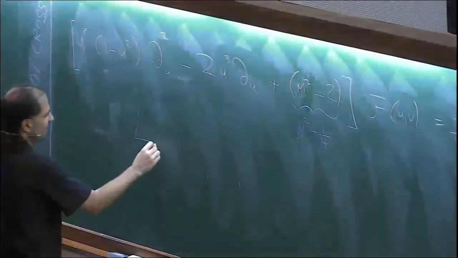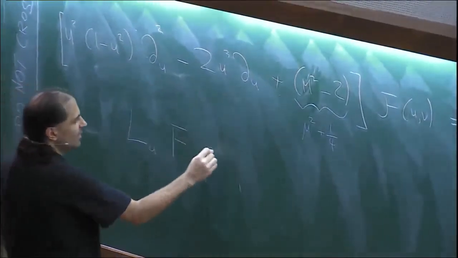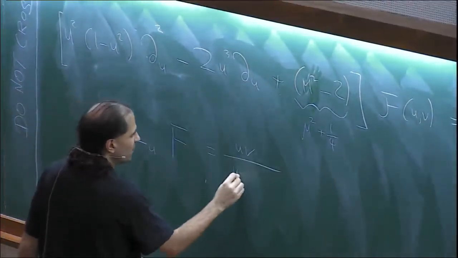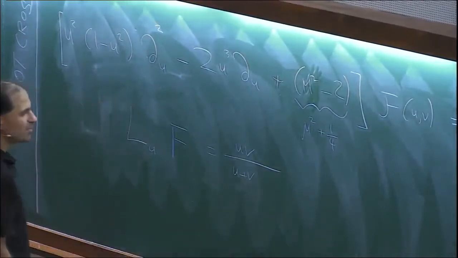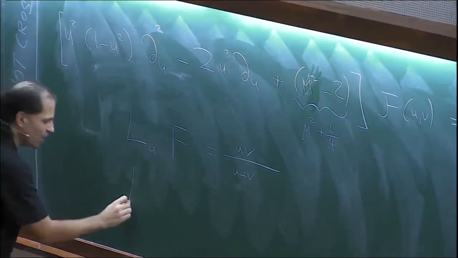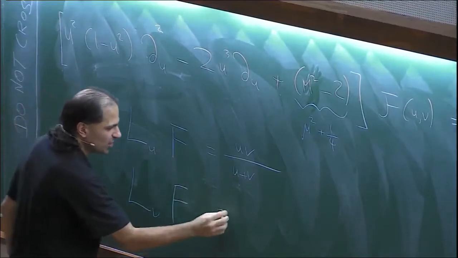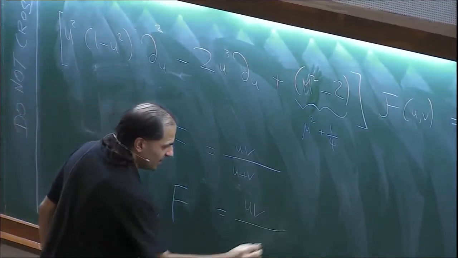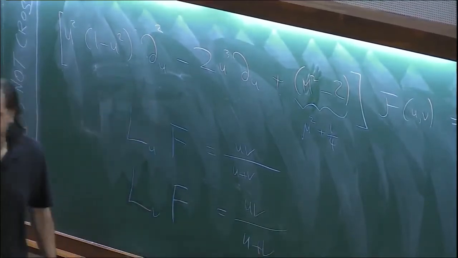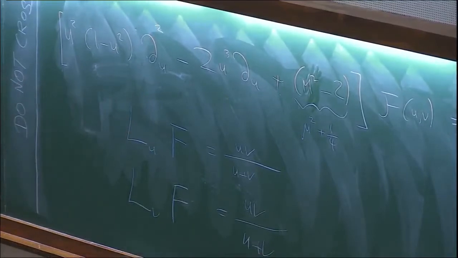That's a remarkable thing. If I call this whole operator LU, so this is something that looks like LU F is equal to UV over U plus V. And remarkably, exactly the same function also satisfies the same equation in V. There are two separate ODEs that the same function satisfies.